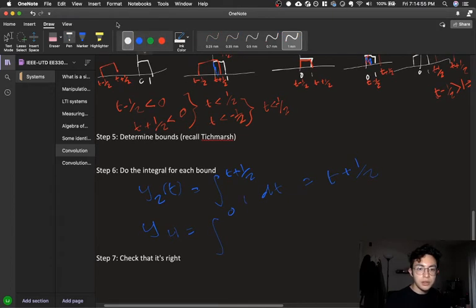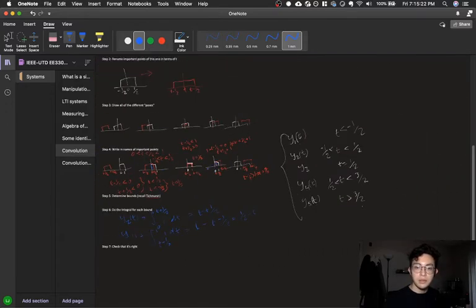And then it's going to be t minus 1/2 to 1 of 1 dt again. That's going to be 1 minus t minus 1/2, which equals 1/2 minus t. So notice that we're going to have some kind of ramp.